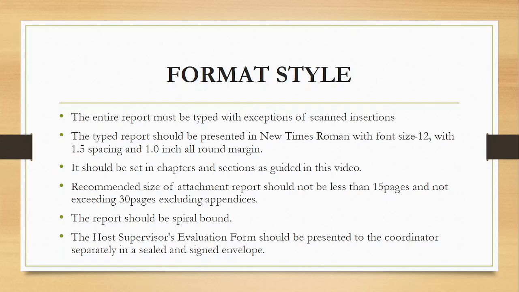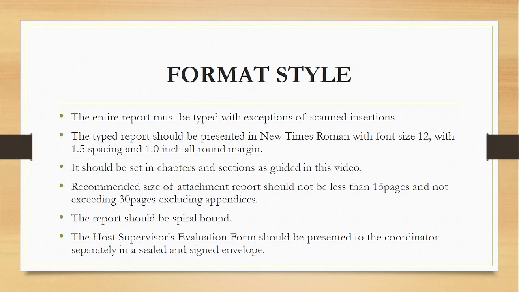The report should be spiral bound, so ensure that you combine everything, then you bind it with a spiral binding. Of course, what you need to factor in is that the host supervisor's evaluation form should be presented to the coordinator separately in a sealed and signed envelope, right? So that's something that you need to consider.